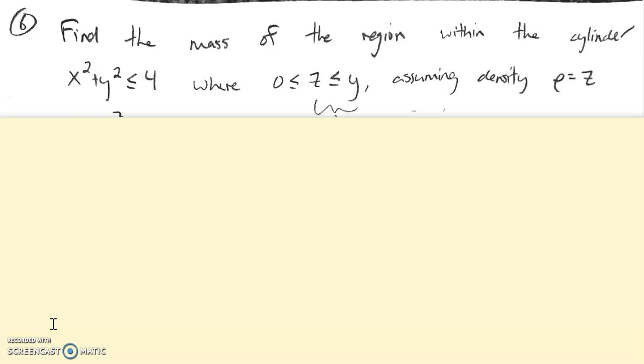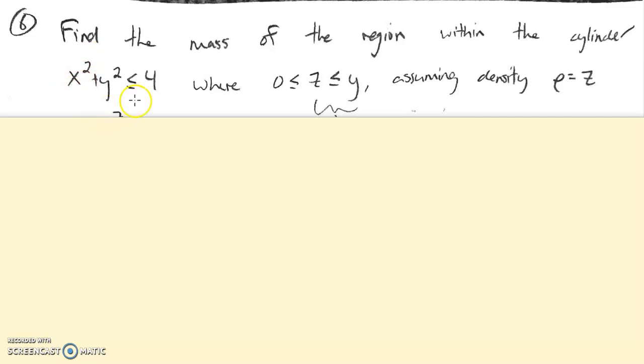But this last one is definitely a bump up, and the directions as they're given here are not really the most clear in the world. It helps to have a picture. So I will show you that picture in just a moment, but I will read you the problem first. Find the mass, so we're integrating a density function, of the region within the cylinder x squared plus y squared is less than 4.